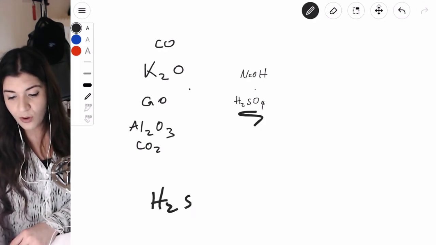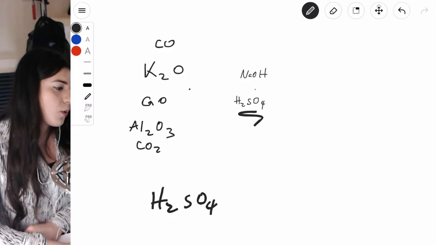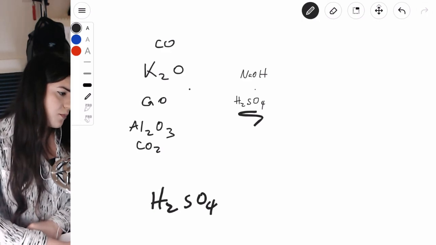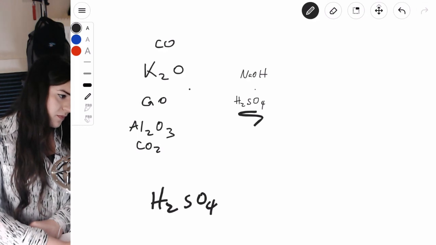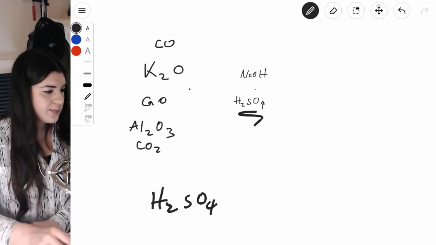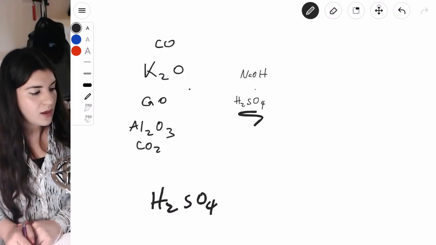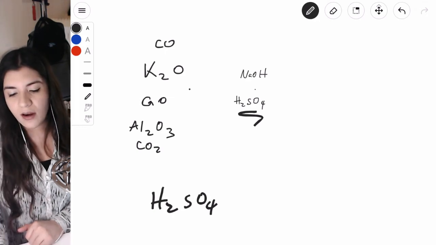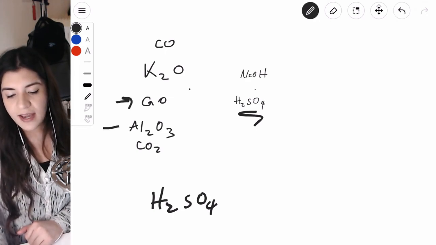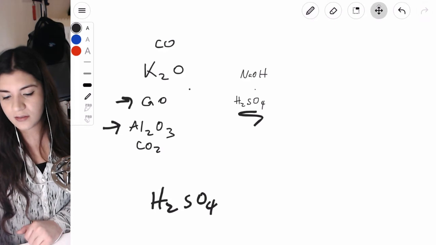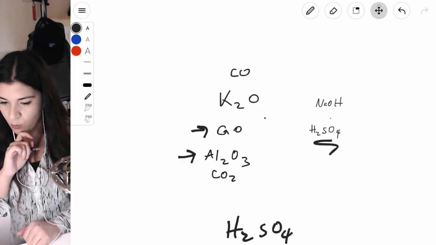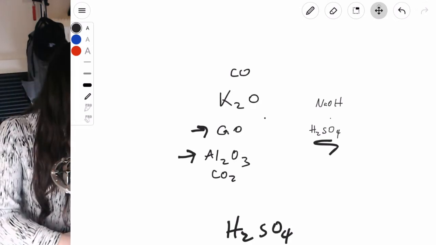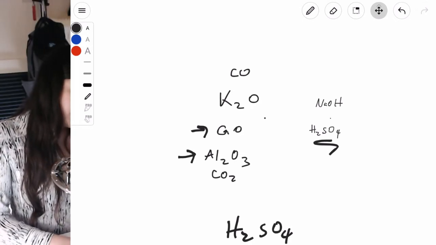This is going to be H2SO4, and I would look at what probably won't be able to react. I know that a salt would. So here, calcium oxide and aluminum oxide. And actually, better yet, I want to see what would have been soluble and what would have not been soluble. So let me open up my solubility table.